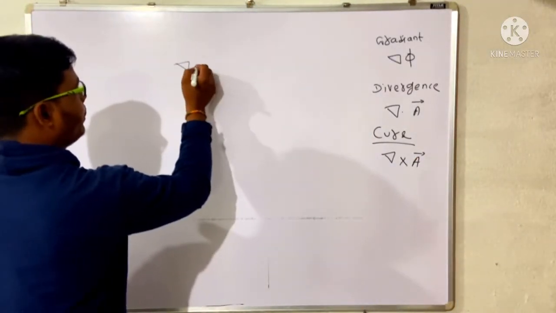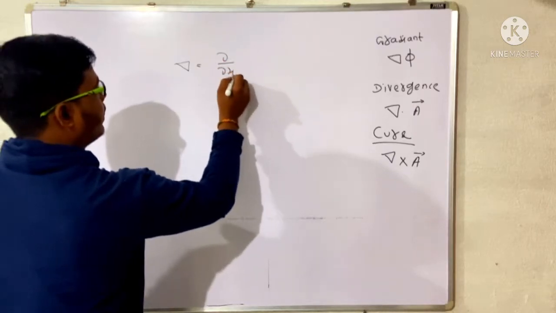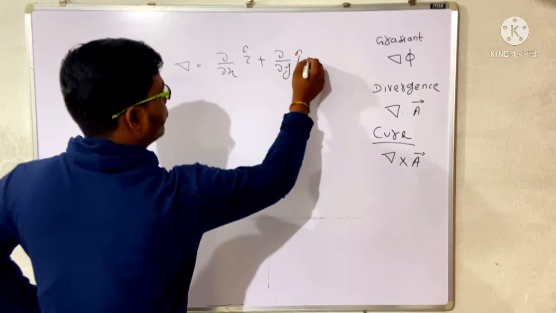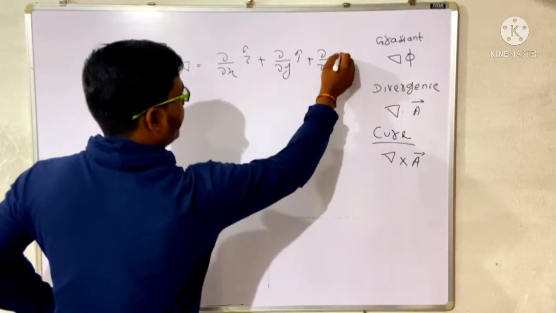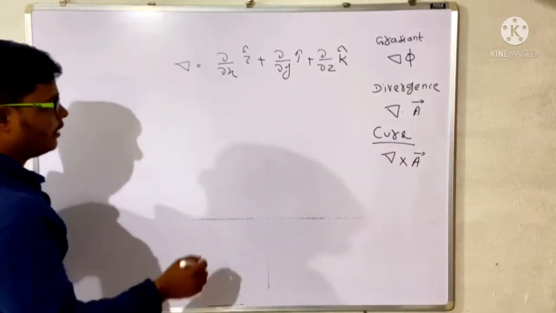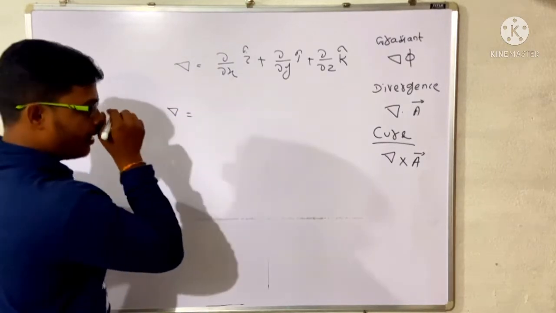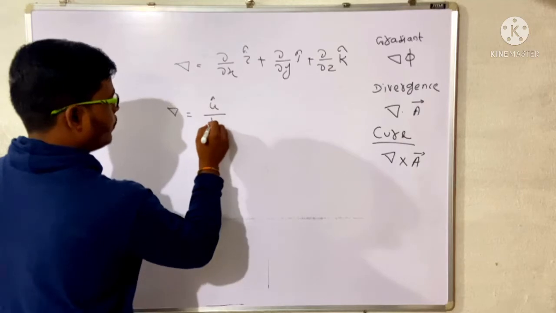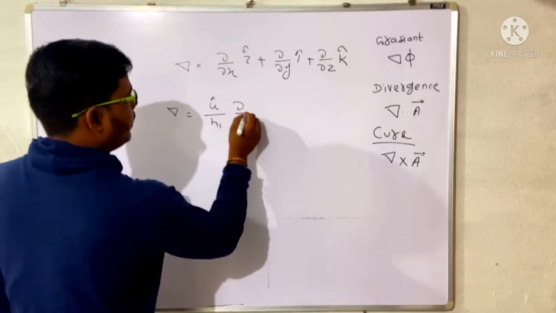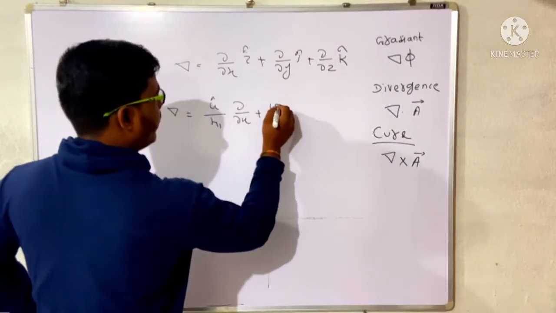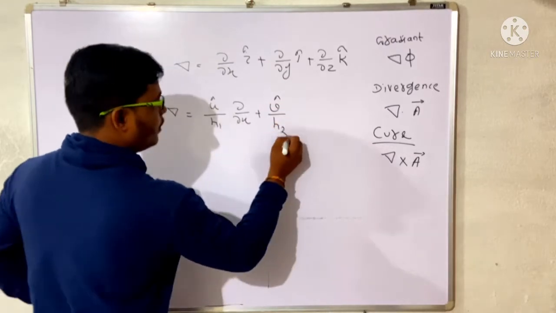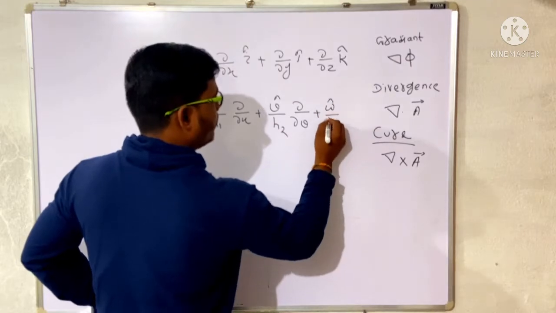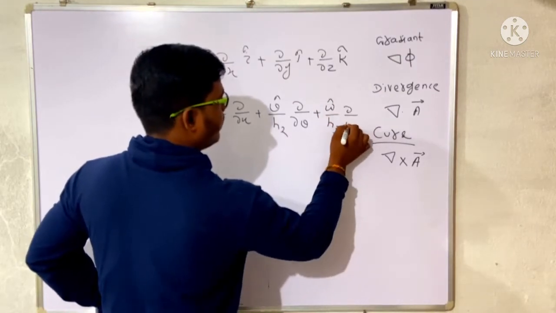The gradient is del by del x i cap plus del by del y j cap plus del by del z k cap. We can write it in the curvilinear coordinate system as u cap by h1 into del by del u plus v cap by h2 into del by del v plus w cap by h3 into del by del w.